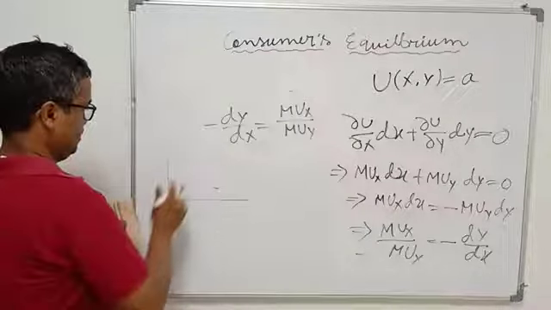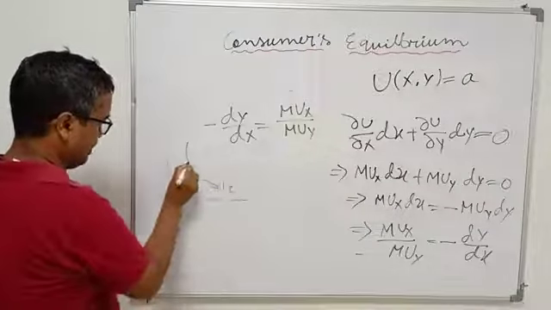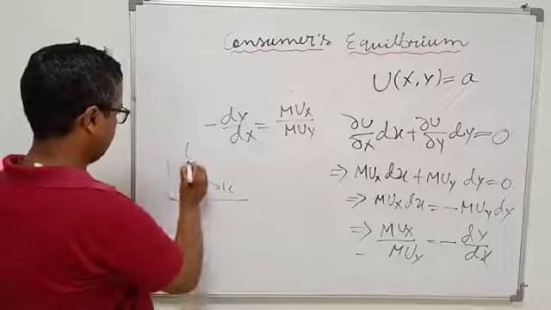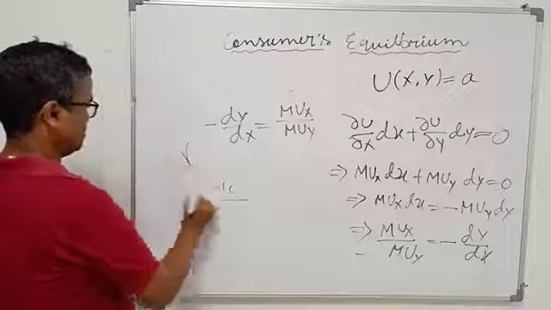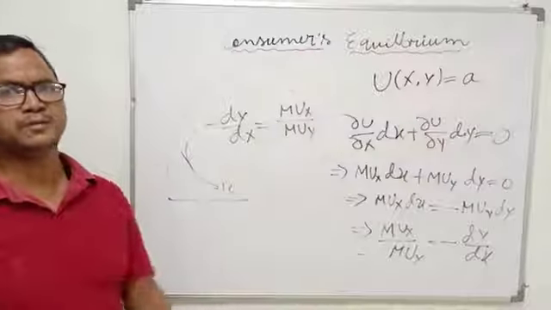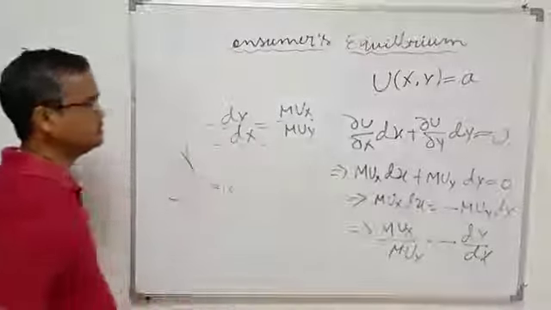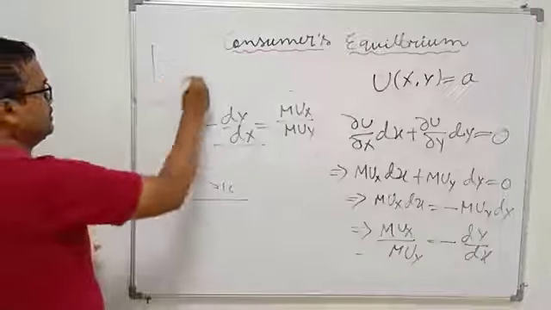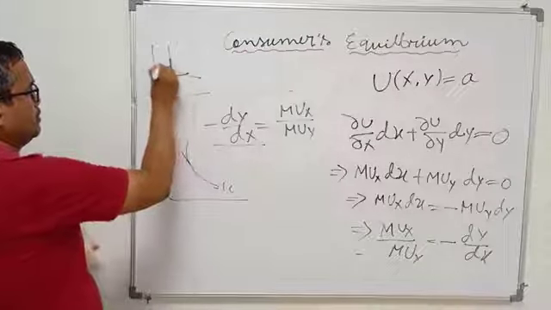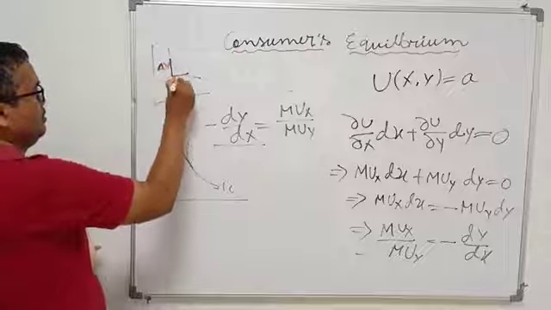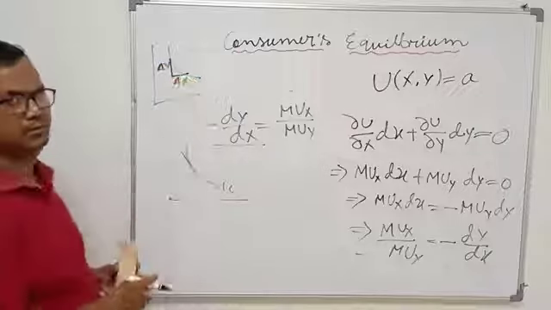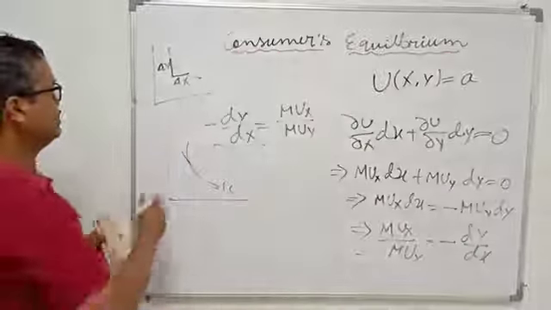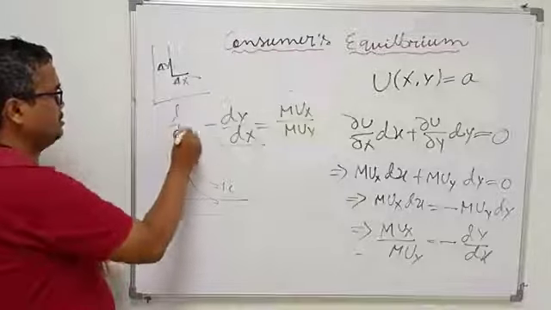This dy by dx represents exactly the slope. If this is the indifference curve, at any point, for a small change in x and y, we have to draw the tangent. That tangent will show you the slope of the indifference curve. So in the indifference curve, this is the change in y by change in x. In calculus, when we take the limit, the del becomes d, and I am assuming you know this concept.